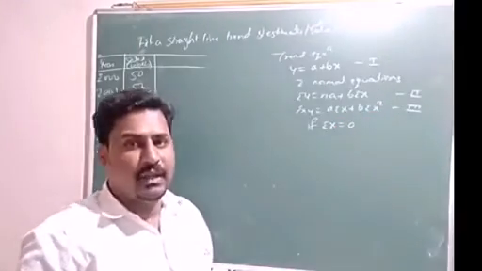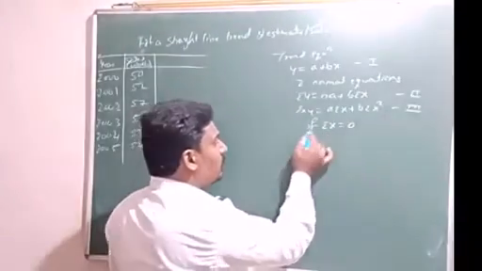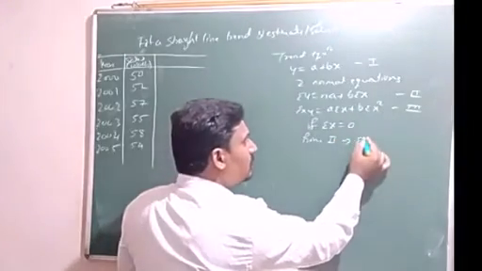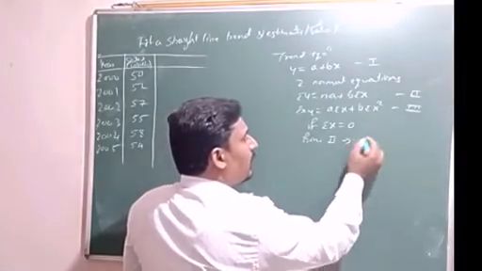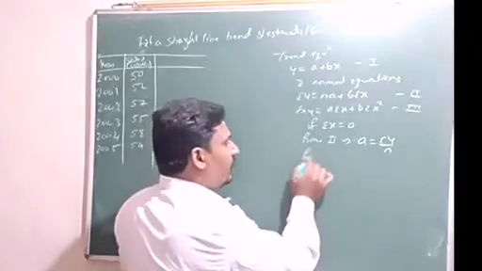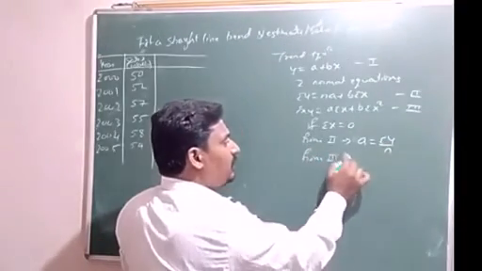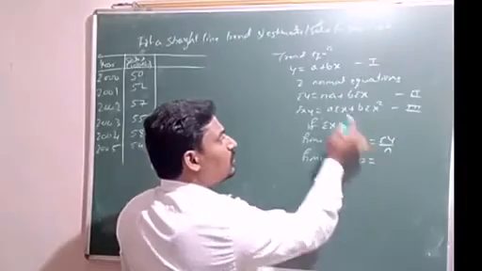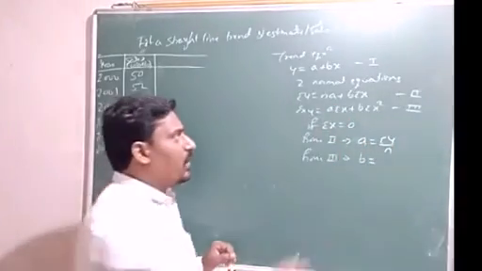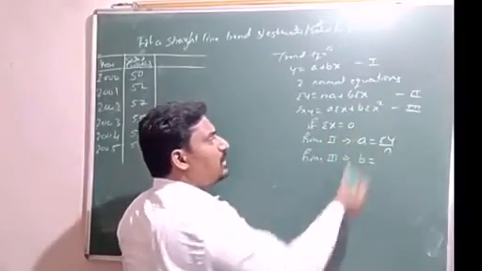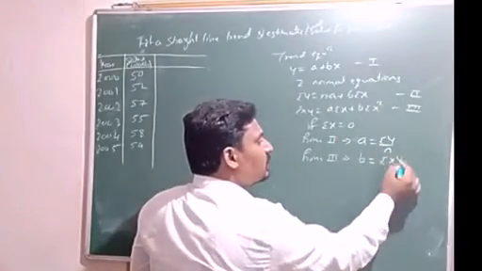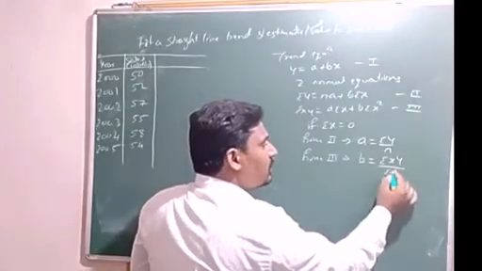So from equation 2, a is equal to summation y divided by n, and from the third equation, summation x is 0, so a will get cancelled, and what is left is summation xy is equal to b summation x square. So b is equal to summation xy divided by summation x square.